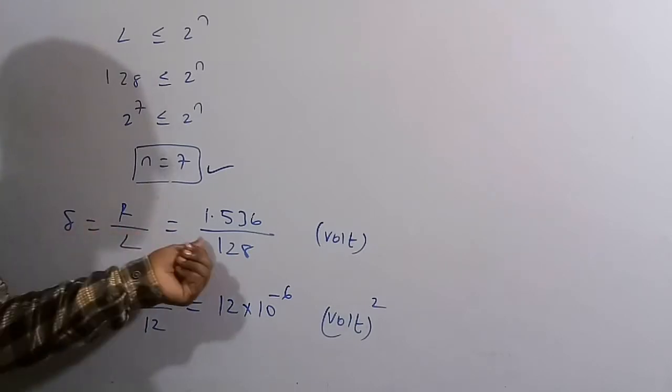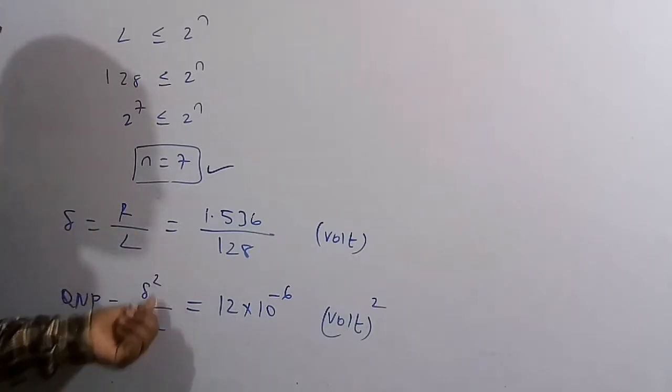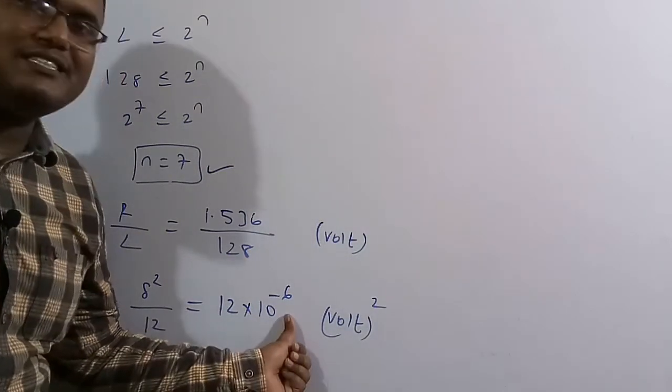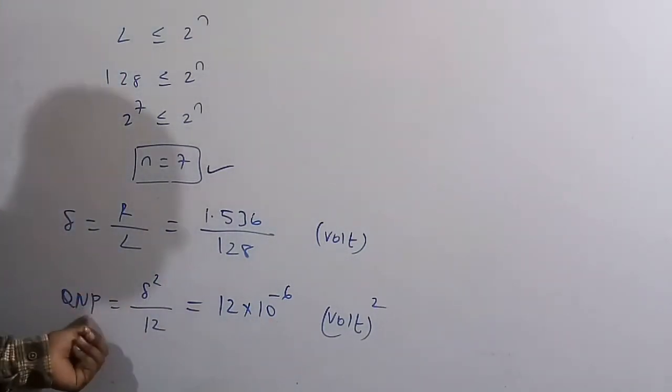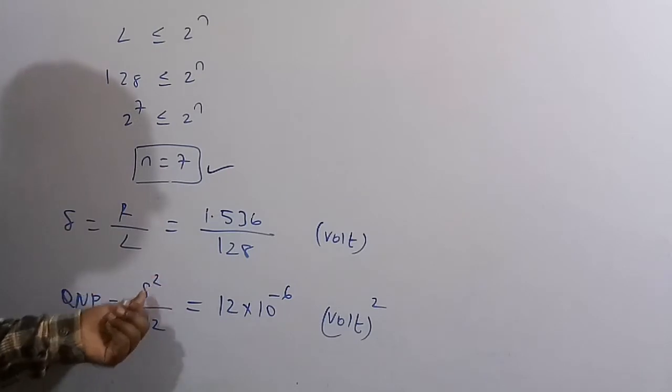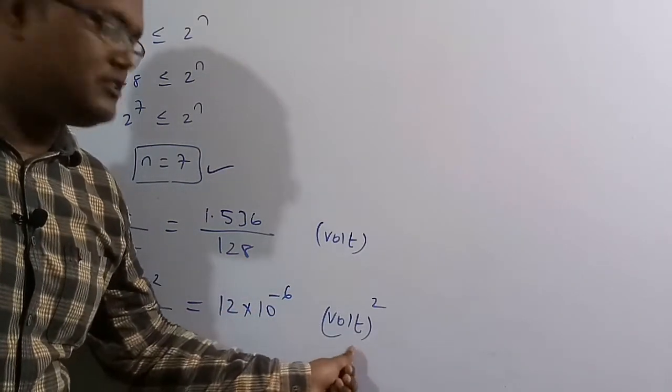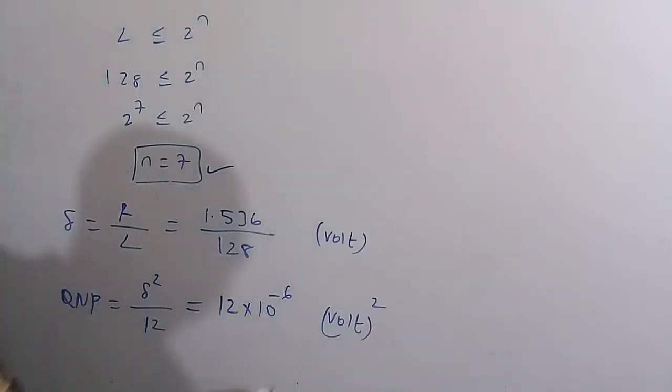Whatever the delta value, square it and divide by 12. Finally we get 12 into 10 to the power of minus 6. QNP, quantization noise power, is delta square, so the unit of QNP is volt square. So this is the correct solution of this question.